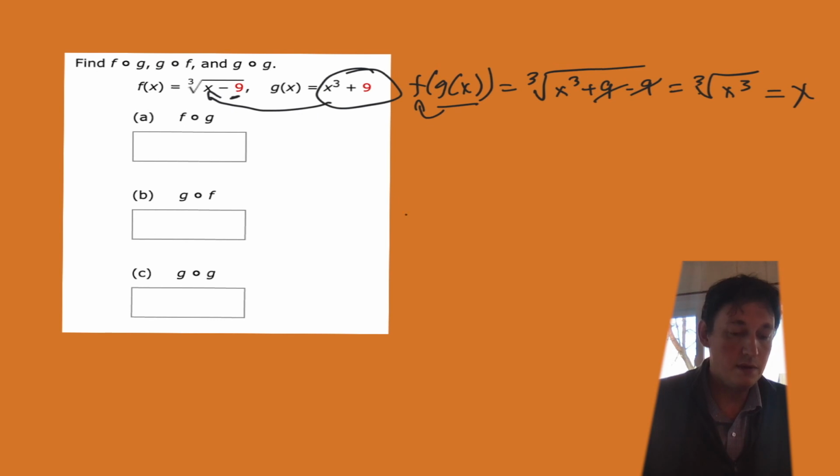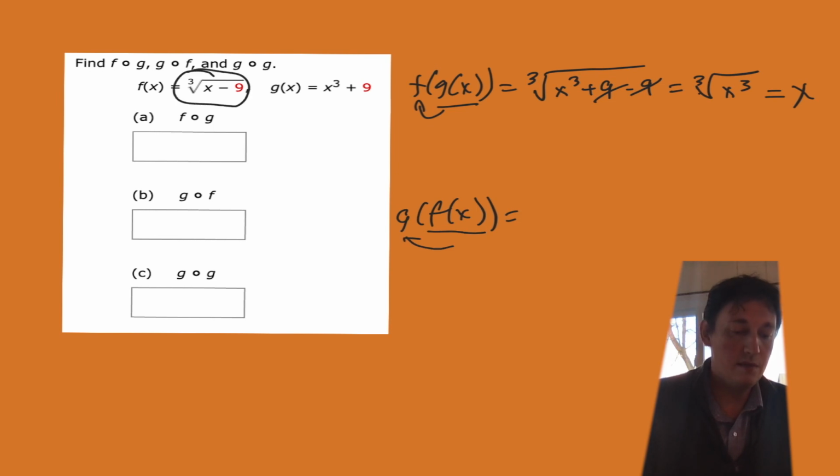The second function, g of f of x, it's the same thing, just go in the other direction. So I'm going to erase here. So we're going in the other direction. We're going to take f of x and plug it into g. So I'm going to take this function, and plug it into g, which is every x I see in g.